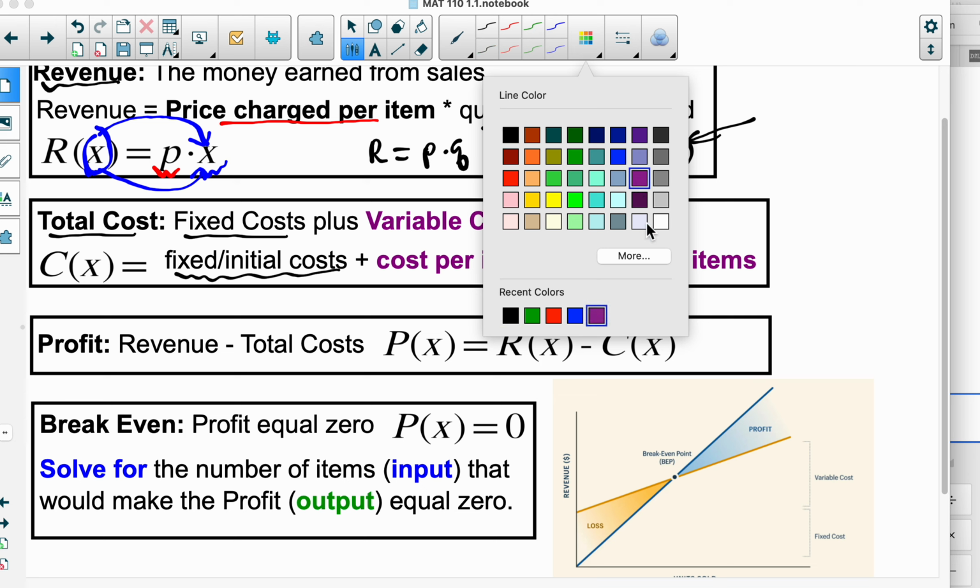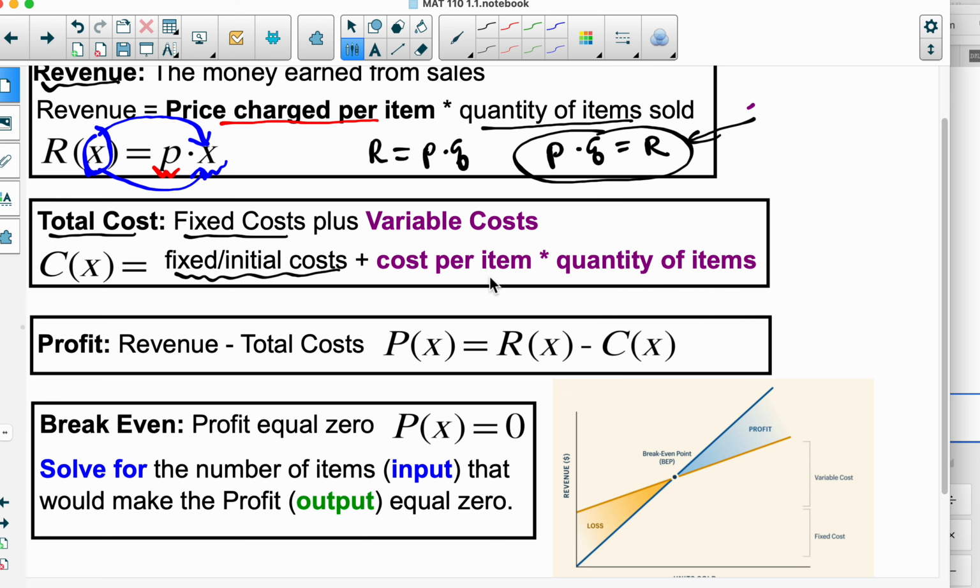You have to pay that even if you sold no items. And then you have how much did it cost you for each cupcake that you had to make. So you had flour and you had sugar and you had other things. And so there's a cost associated with each cupcake. So that's your variable cost. Variable cost times quantity of items.